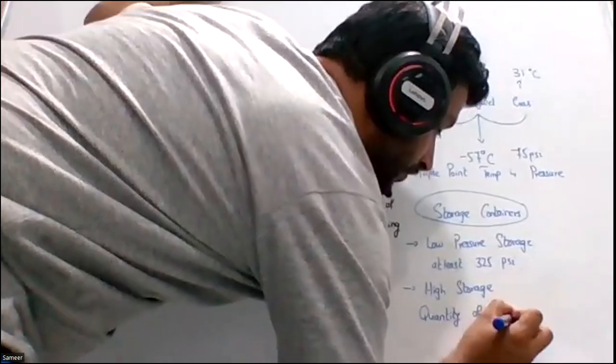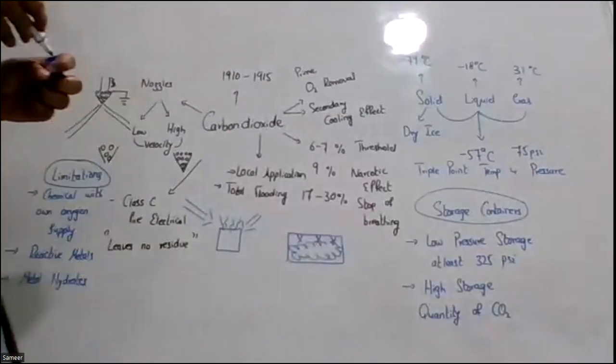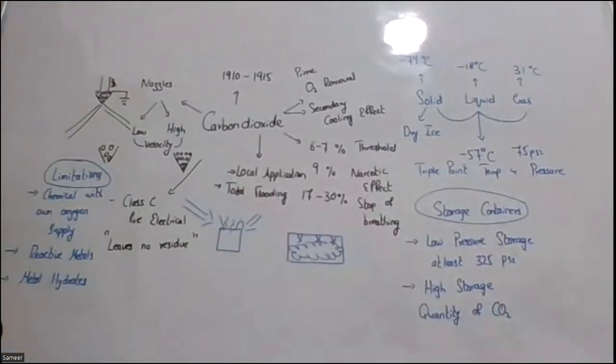That is the high pressure storage containers, big vessels. There is no pressure limitation because we don't know what quantity of carbon dioxide we are storing, and based on the quantity, we have to make sure what temperature and pressure we have to maintain for carbon dioxide.